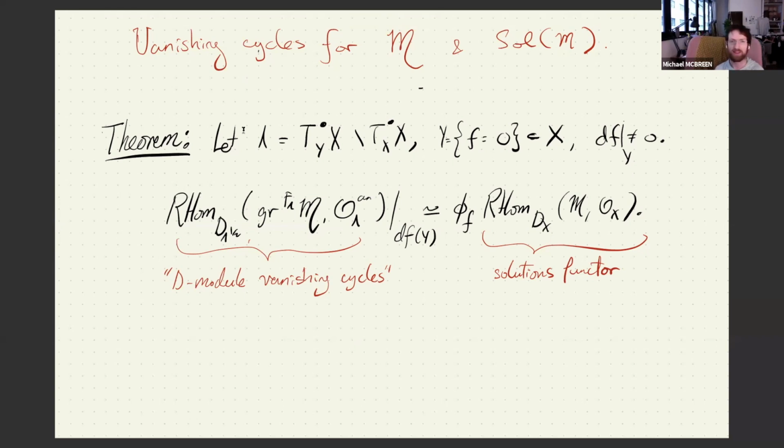It defines a D-module on lambda in a way which is compatible with the Riemann-Hilbert correspondence with the vanishing cycle functor on constructible sheaves. And there's also, obviously, a version of specialization in this context. It's something like nearby cycles.